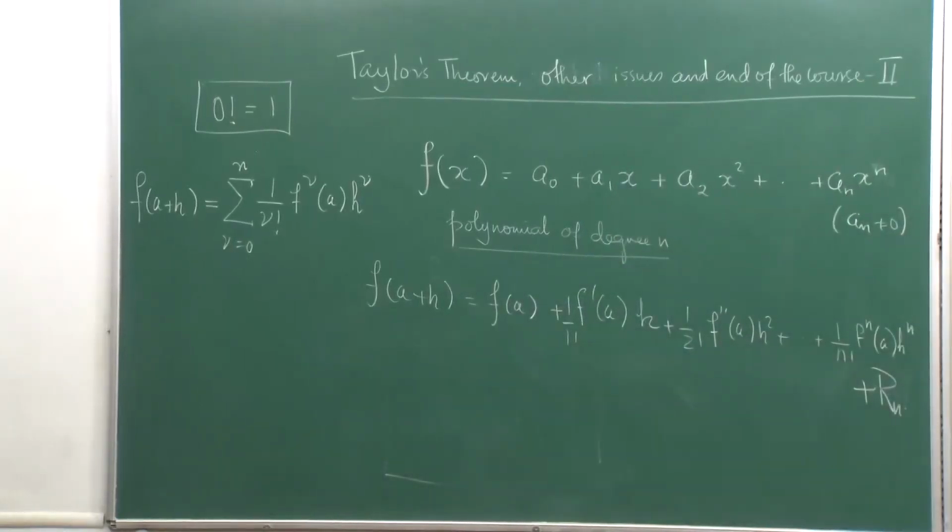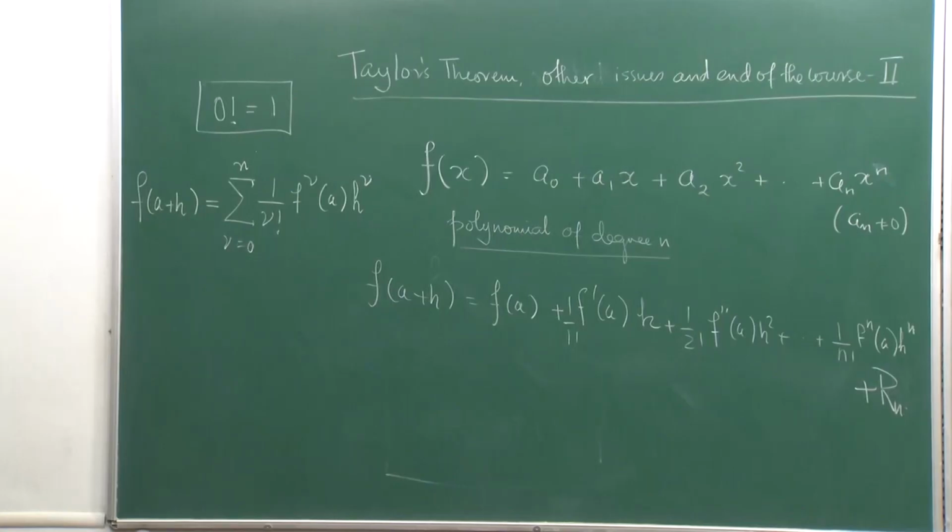This remainder term is an idea that we have to take from the last lecture: a function which is not a polynomial, 1 by 1 minus x is not a polynomial, could be approximated by the polynomial Sn plus Rn, a remainder term which vanishes as n goes to infinity. That is the key idea.